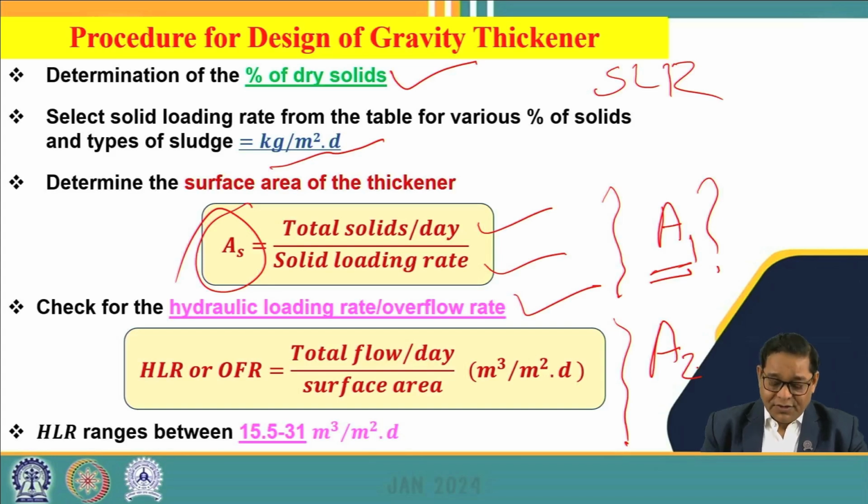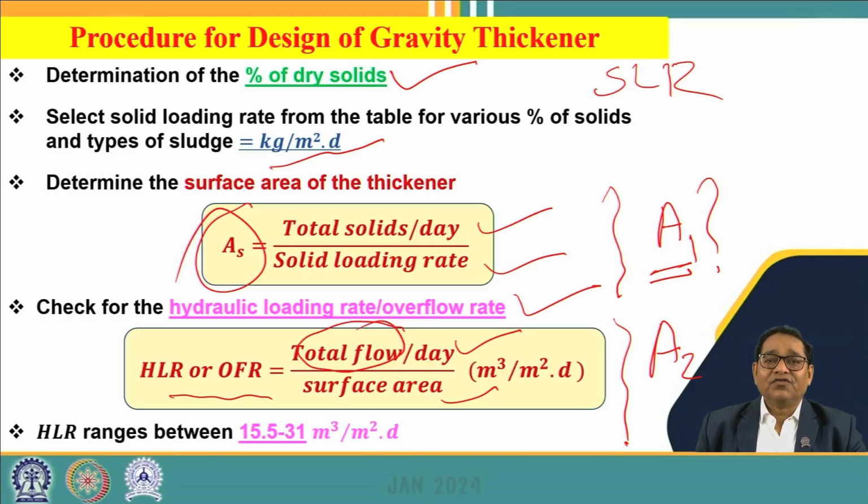Here you will get the area based on hydraulic loading rate, which is basically the volume or the discharge of sludge per unit surface area of the tank. Again we know the total flow of the sludge coming to the treatment plant, and if we divide it by this hydraulic loading rate, we can find out the area.